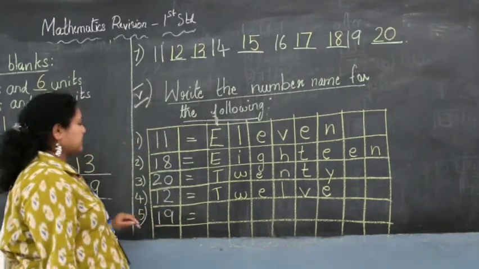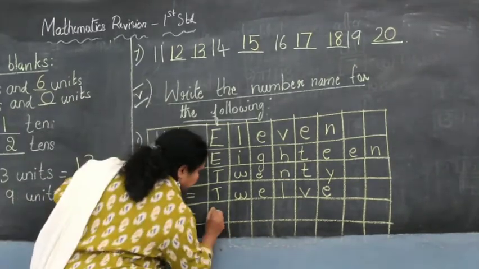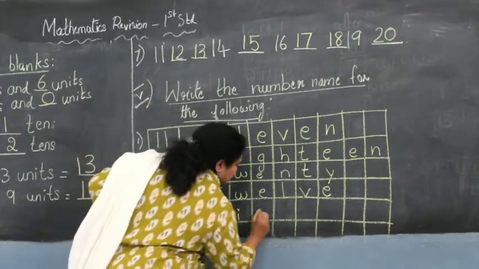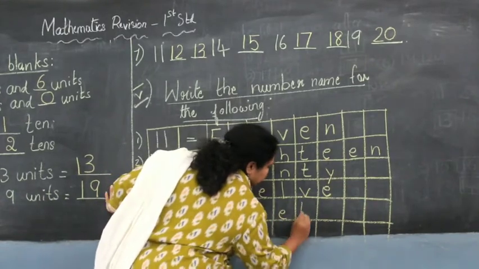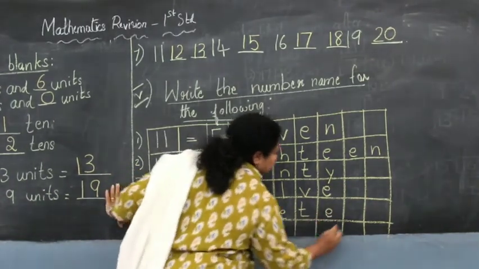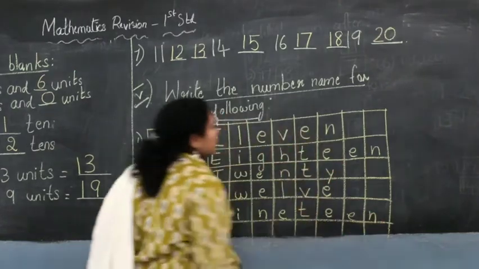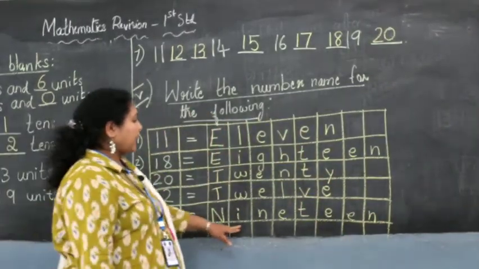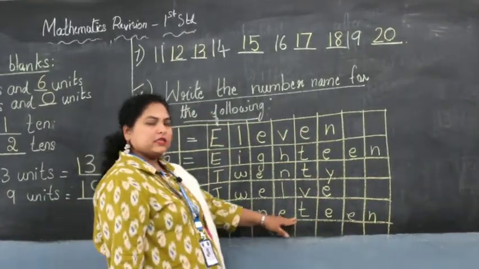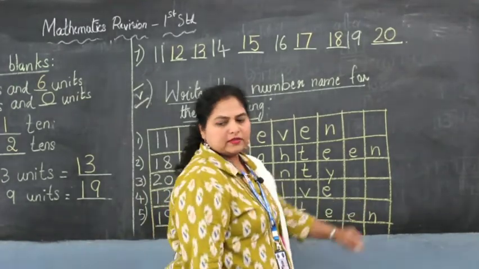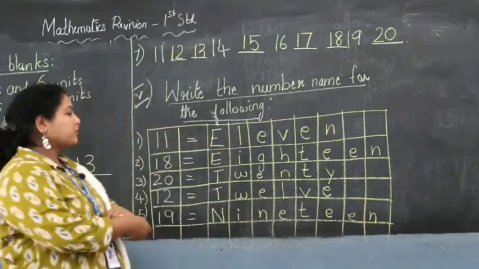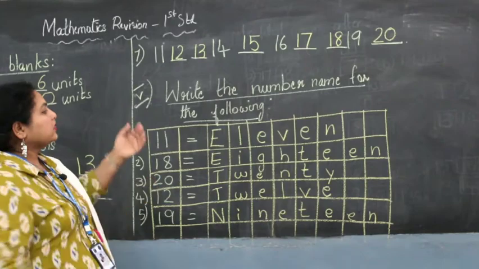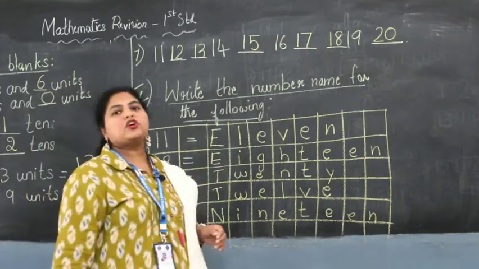Next is 19. N-I-N-E-T-E-E-N, 19. So this is how you are supposed to write the number names in your notebook.